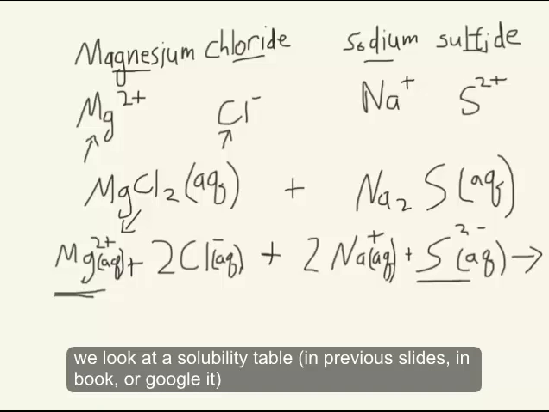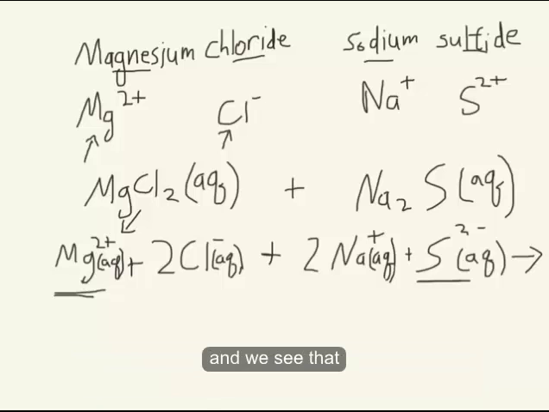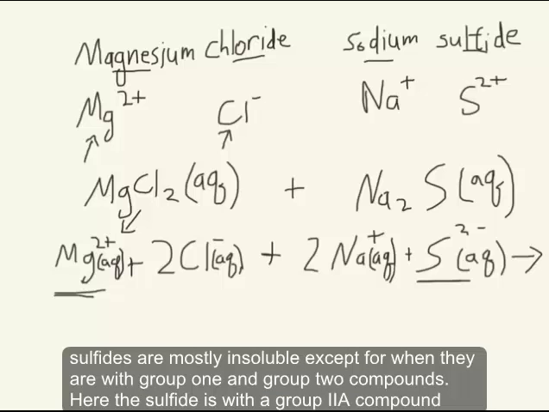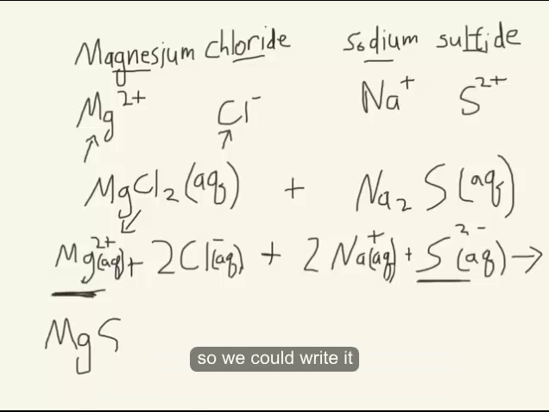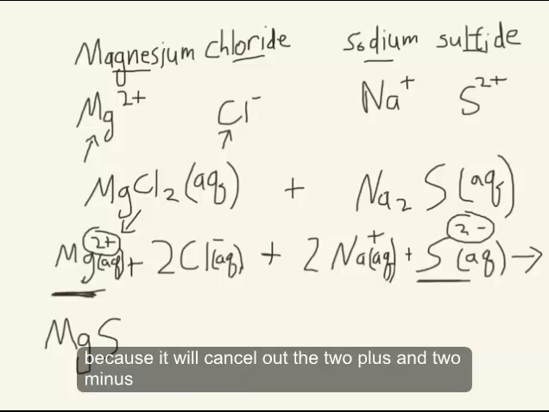We look on the solubility table and we see that sulfides are mostly insoluble except for group 1 and 2 compounds. So it is paired with a group 2A compound, so that is an exception to the insolubility of sulfides, so it is soluble. So we could write it in a 1-to-1 ratio, because a 1-to-1 ratio is fine to cancel out a 2 plus and a 2 minus.